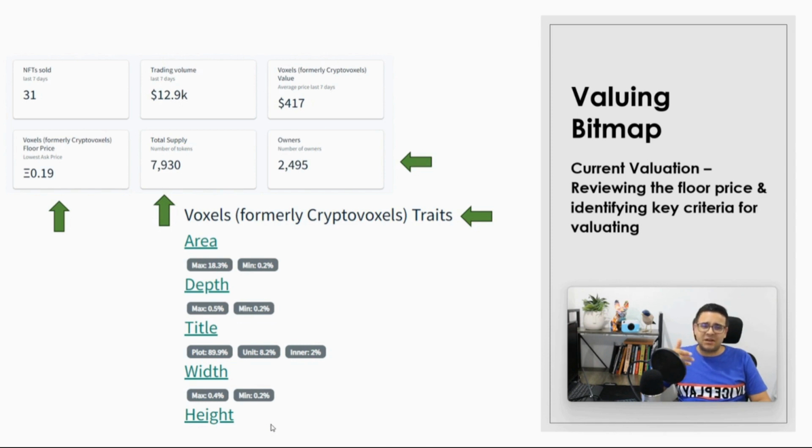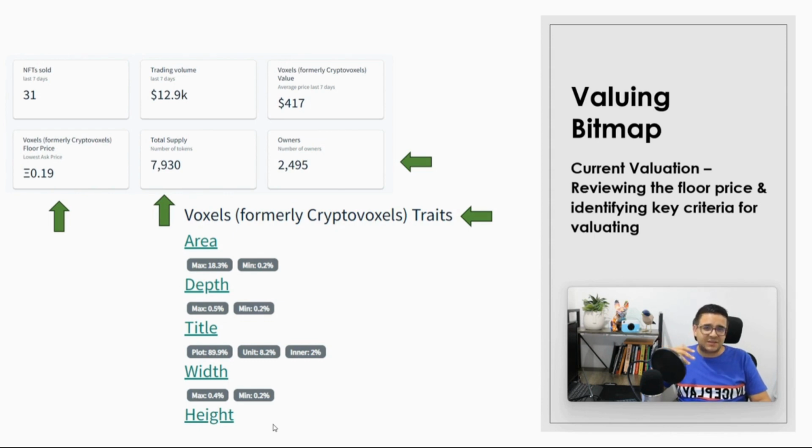Now, what I did like about NFT Stats, however, is that they also have something called traits, which is what you can see on the screen, and this is just a very small snippet of the traits for Voxels. They've got area, depth, title, width, height, and the list actually goes on for this project. Similar to some NFT projects, the traits are like the rarity.